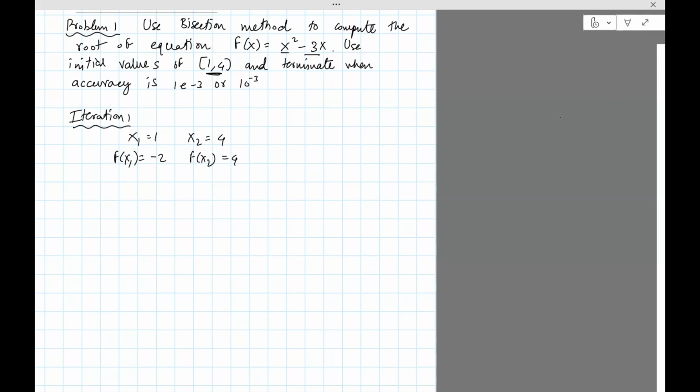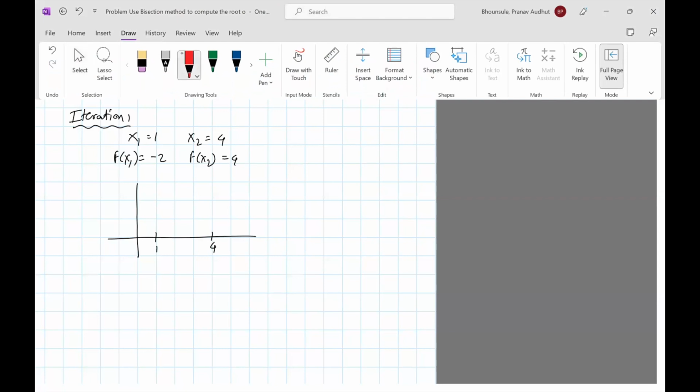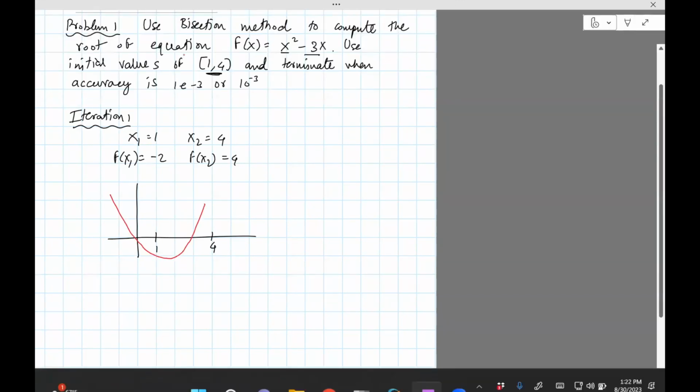Okay, so 1, 4. I can draw this just because I know how the curve looks, but normally I cannot draw it. It's something like this.